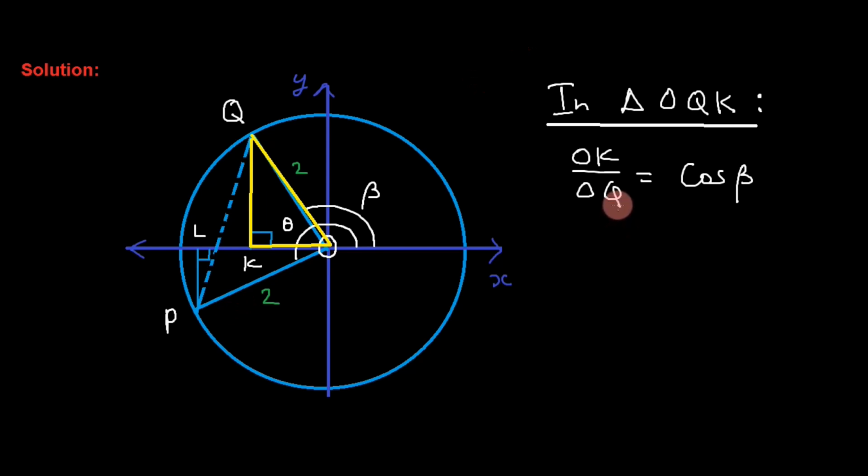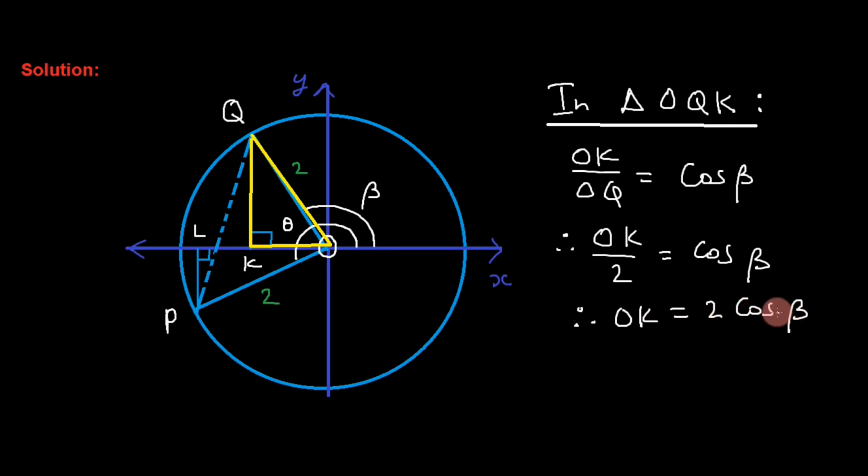So we can replace OQ here with 2 units. So then OK over 2 units will give the cos of beta. And hence OK is 2 times the cos of beta. And we said that OK is the x-coordinate at Q. So then the x-coordinate at Q will be 2 cos beta. We now have to find the y coordinate, and we said that's given by QK.